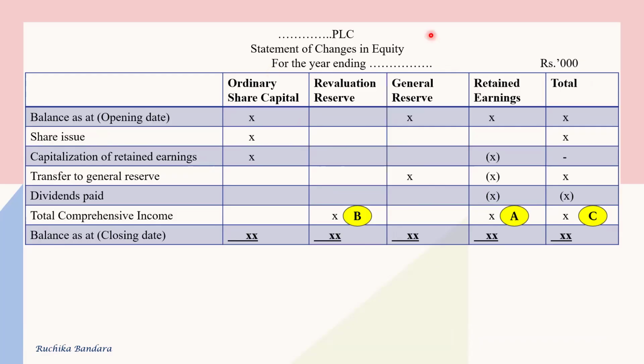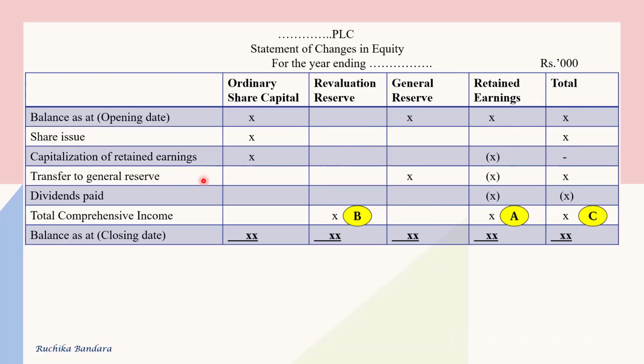Debit retained earning means from retained earning, you have to subtract that value. And ordinary share capital is here. So plus minus in the same line means there's no impact in your total column. So you are putting a dash.